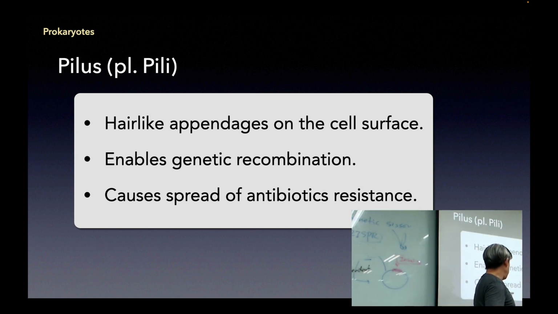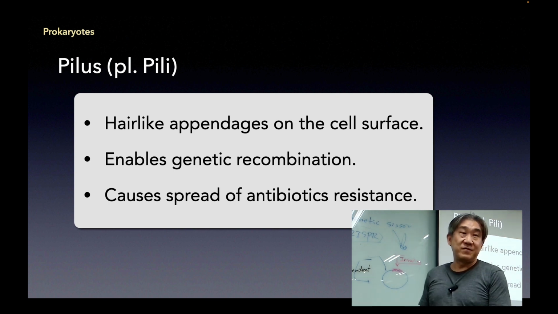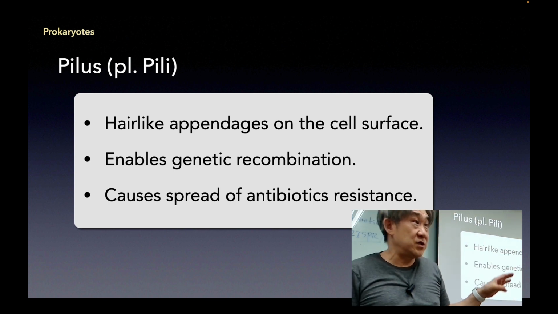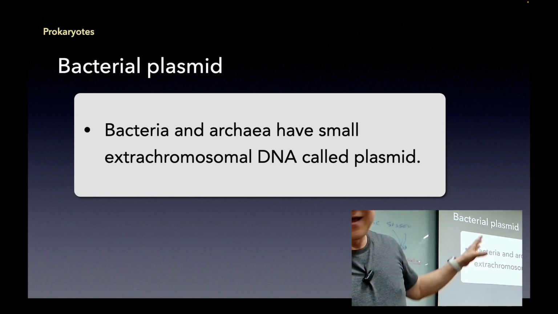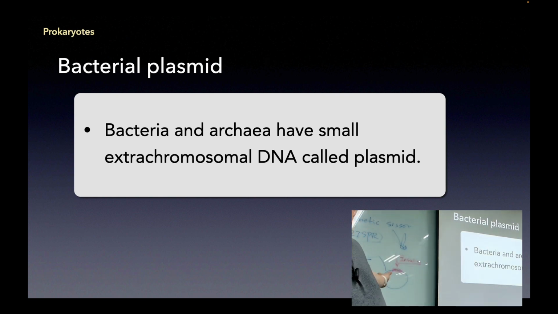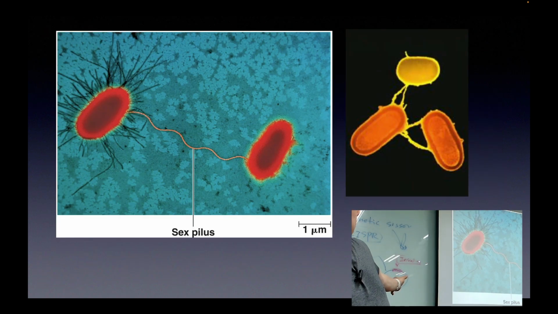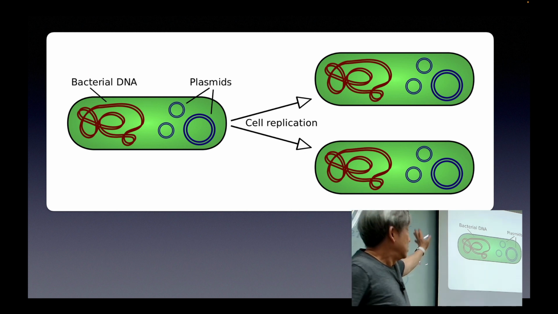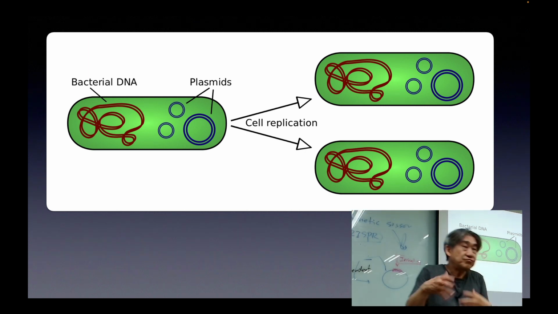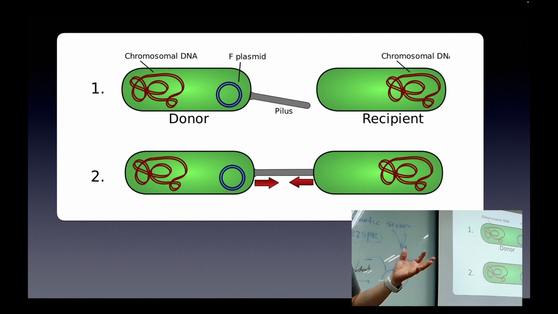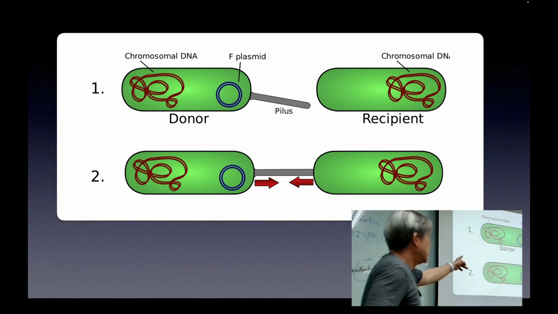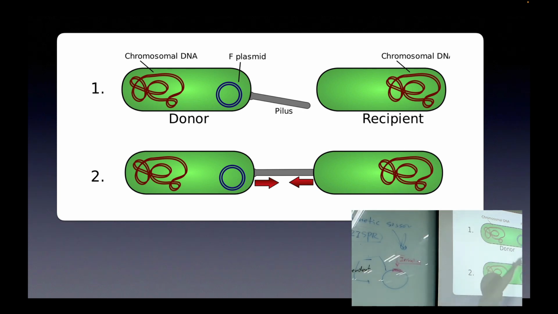But here, why is the plasmid responsible for this antibiotics resistance? It's because of conjugation. During this conjugation, the plasmid is the one that moves.